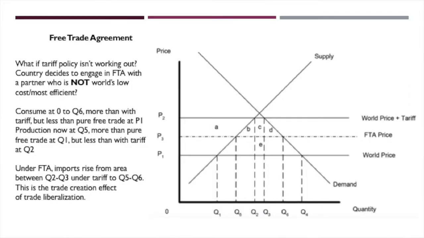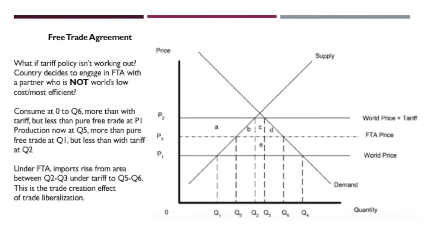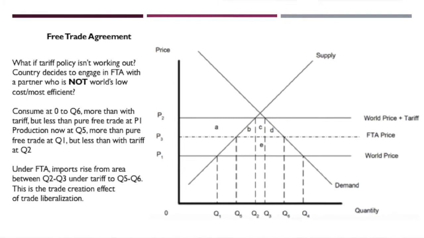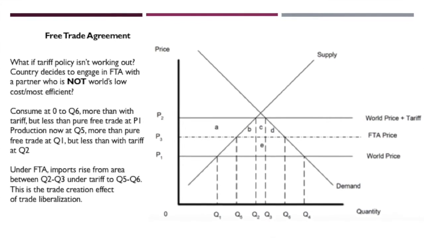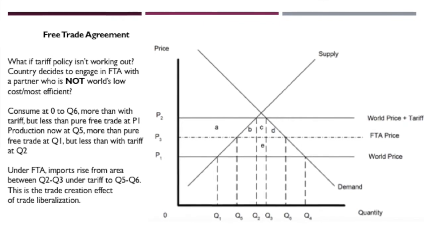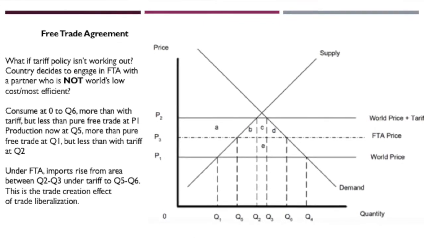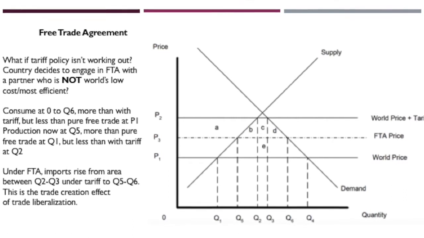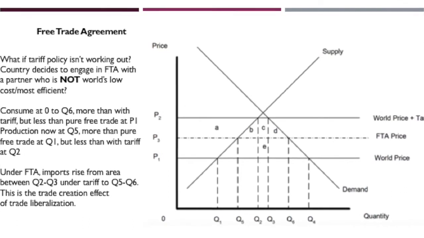And so what you see here is a few gains, right? As a consumer, when you had the world price plus tariff, our country was only consuming 0 to Q3. Under the free trade price, under free trade with our trading partner, we gain a little bit of consumption in the form of 0 to Q6, right?